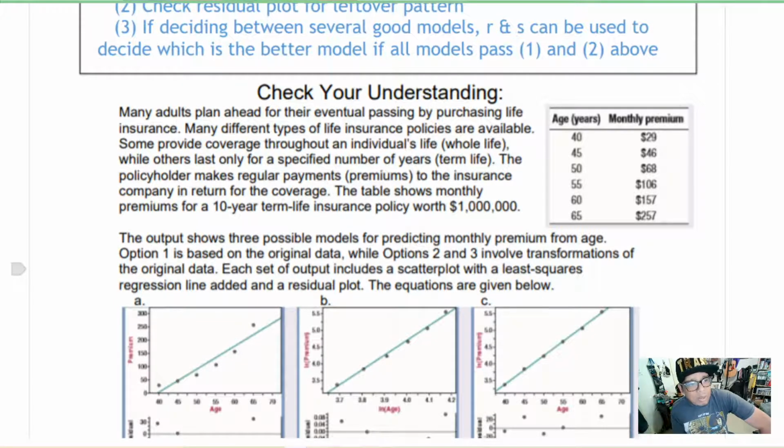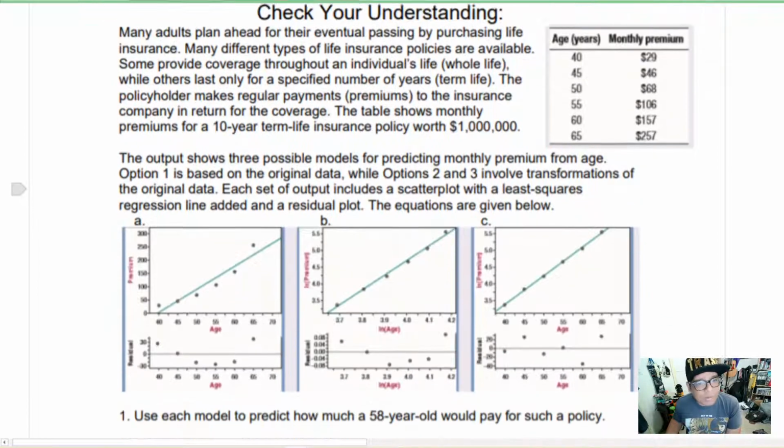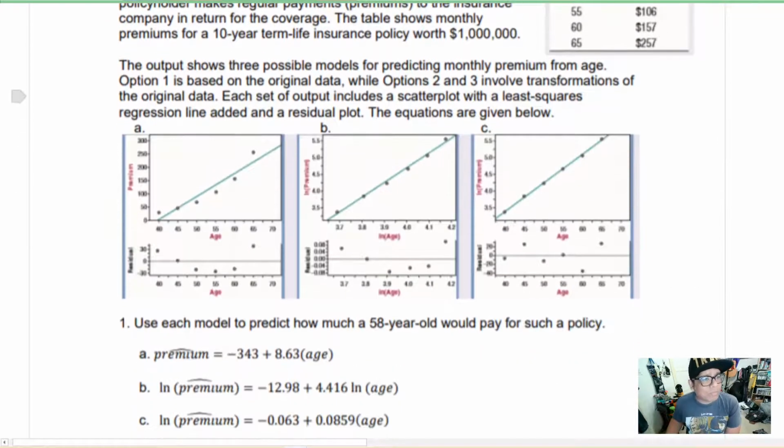The policyholder makes regular payments, premiums, that's like a whole new vocabulary here, folks, to the insurance company in return for the coverage. The table shows monthly premiums for a 10-year term life insurance worth $1 million. If you're 40, your monthly premium is $29, 50, it's $68, 60, it's $157, etc., etc.